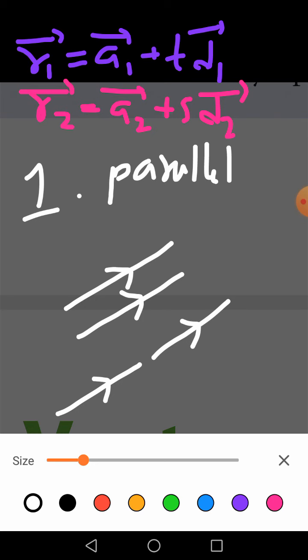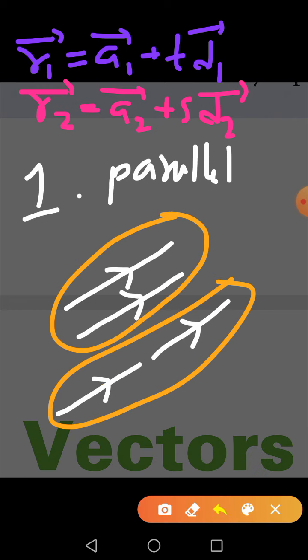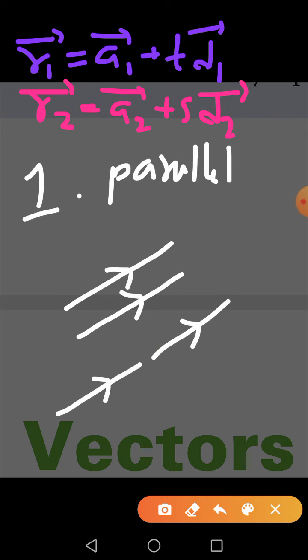Now in this case we are calling that they are parallel, but in this case we are calling that they are parallel and collinear. Collinear actually means that they are the same straight line, because if you join their ends, they would become as if they are the same straight line. So we have determined that the two vectors are parallel, but we didn't yet determine whether they are collinear, the same straight line.